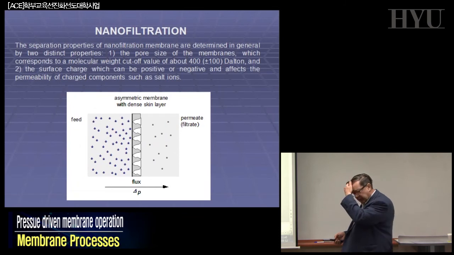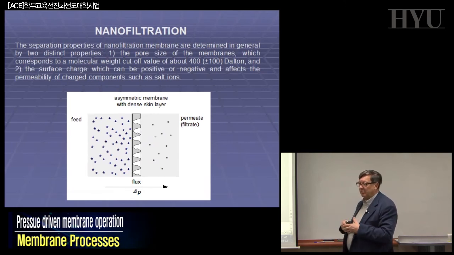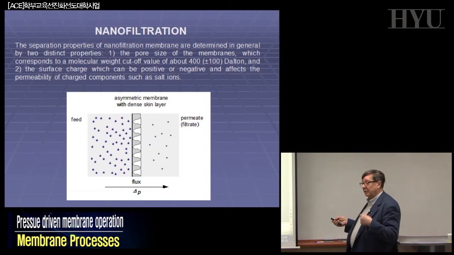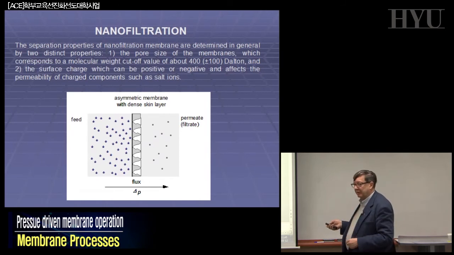Nanofiltration. Remember that in ultrafiltration, we decided that the osmotic phenomena can in principle be totally neglected because the pores are big enough and we can still have a viscous flow. Nanofiltration is again changing the situation.